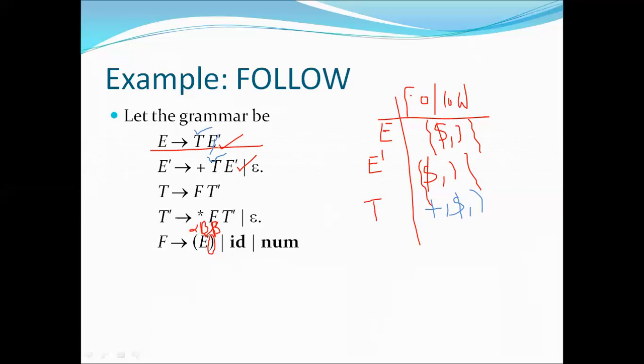So T is following nothing, so include the follow of E according to the third rule. What is the follow of E? Dollar and closing bracket. So these three will be included in T from the first rule.